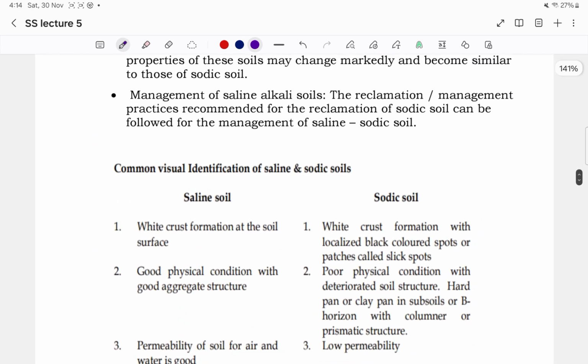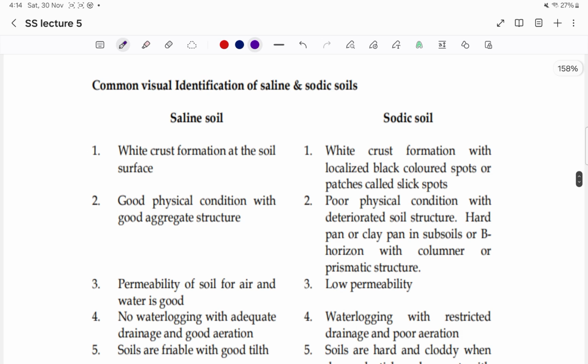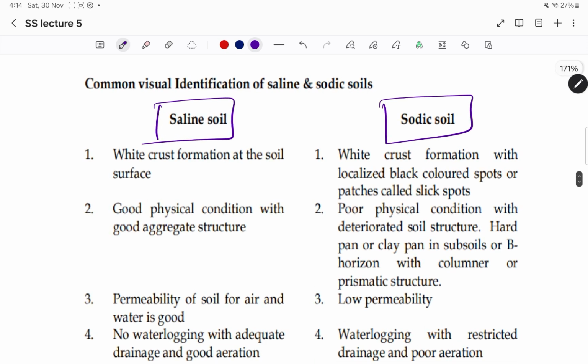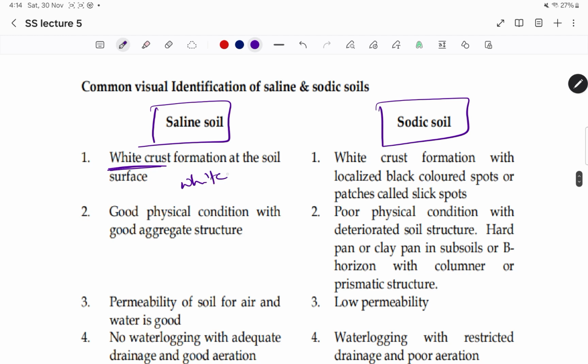You just go through once. We will see the difference between saline soil and sodic soil briefly. We have already known the different names of saline soil and sodic soil. In saline soil, there is a white crust, hence it is called white alkali.